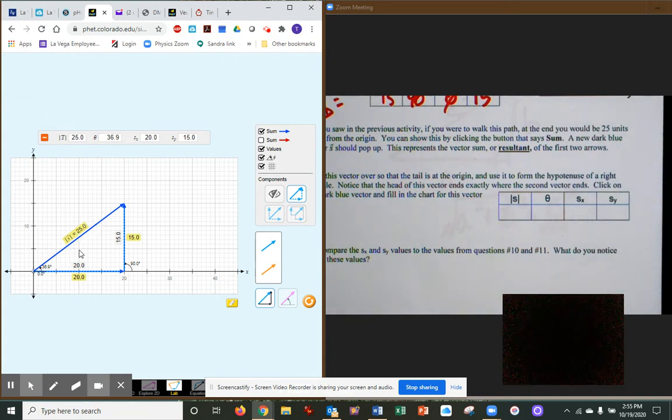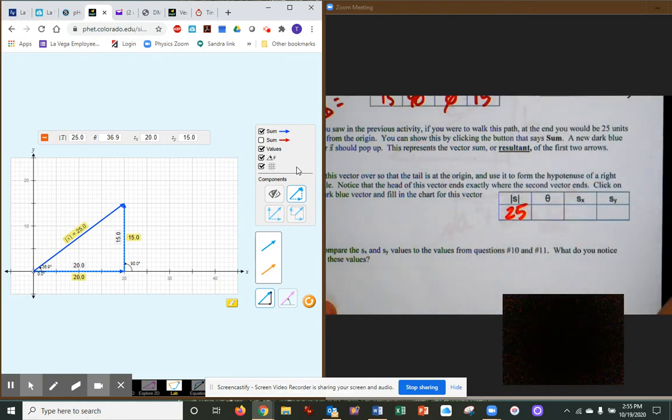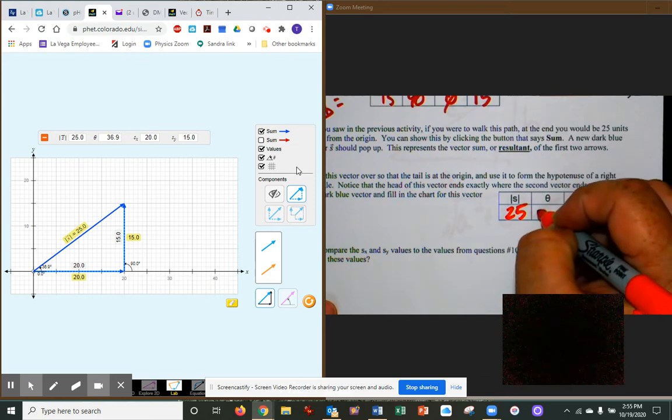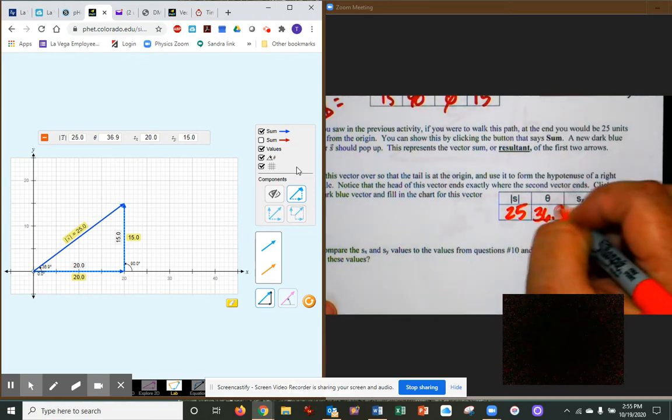Okay, so for the hypotenuse, or the resultant, what is the magnitude of the resultant? 25. What is the angle of the resultant? 36.9.